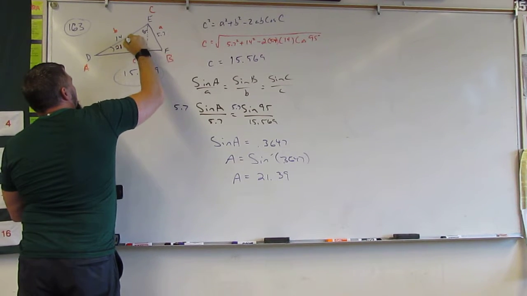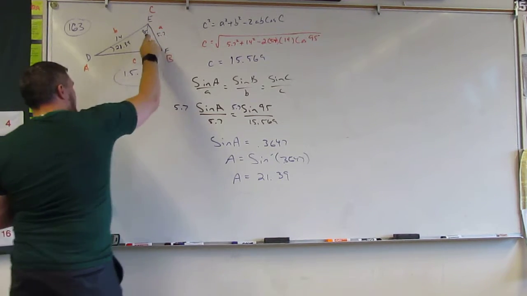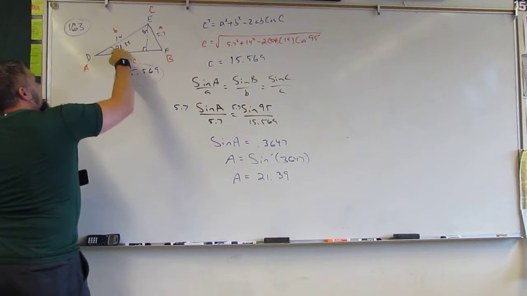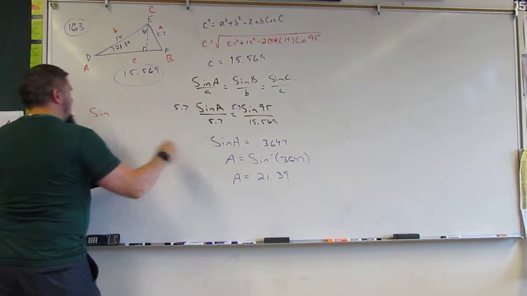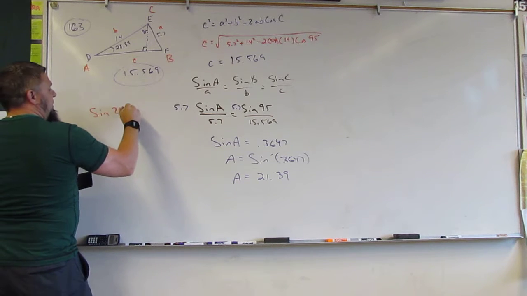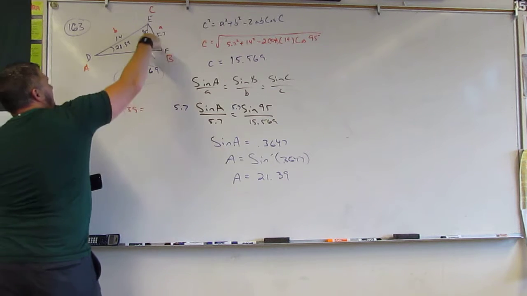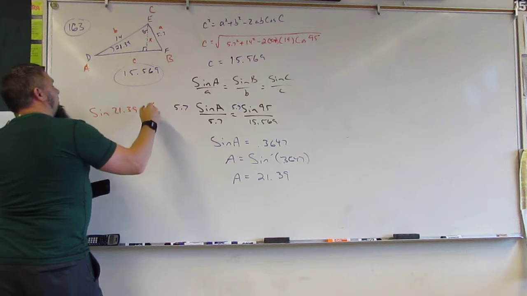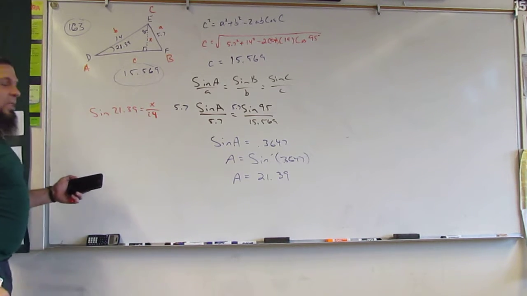21.39. Okay? Now to find my height, I'm going to take the sine is opposite over hypotenuse. So the sine of this number, 21.39, is equal to the opposite side, which is x, over 14, the hypotenuse. Okay?